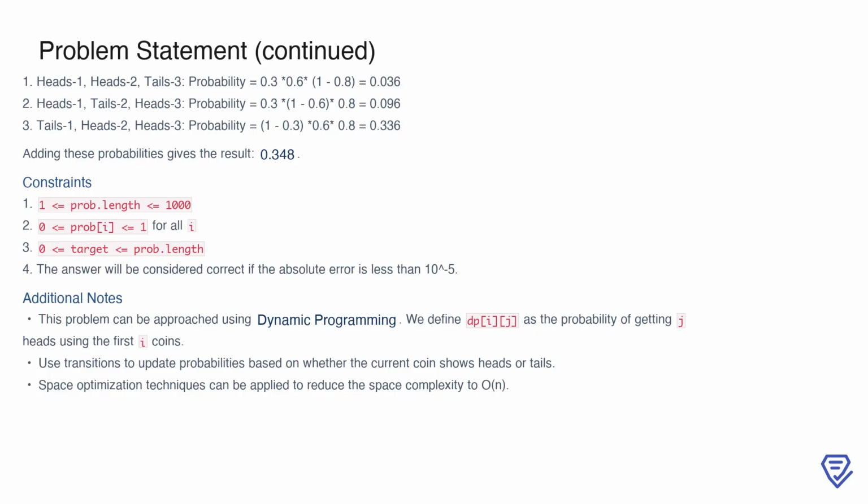To solve this problem efficiently, dynamic programming can be used. By defining dp[i][j] as the probability of getting exactly j heads using the first i coins, we can build a solution iteratively. Further, space optimization techniques can reduce the memory requirements to a linear scale, ensuring the solution remains efficient even for large inputs.